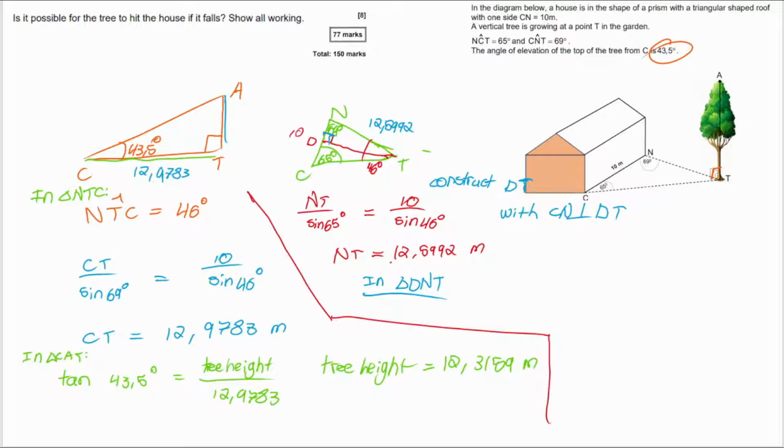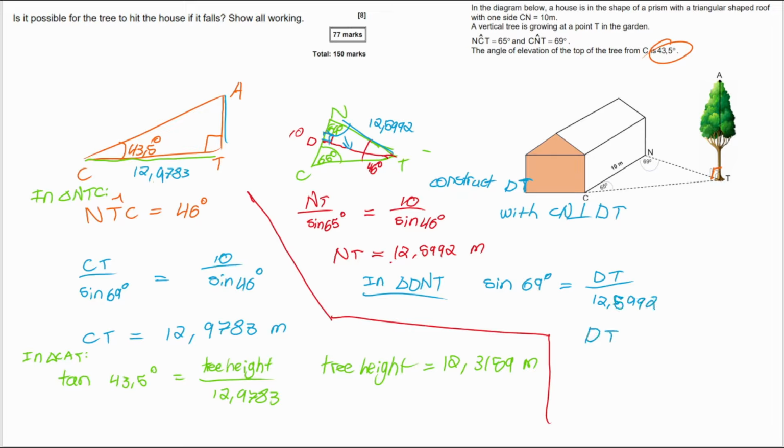Okay, so in triangle D and T, what we have is we're trying to find distance DT. Okay, so here's our angle, this is our opposite, this is our hypotenuse, so we're using sine. Okay, so sine of 69 is equal to our opposite, which is DT, over our hypotenuse, which is 12.5992.